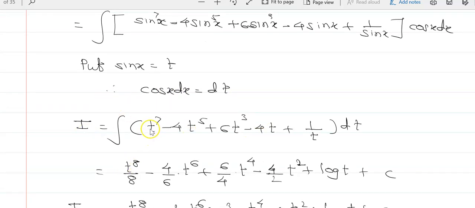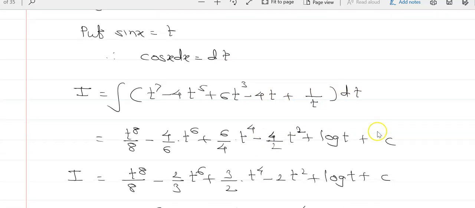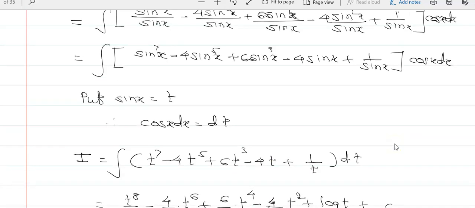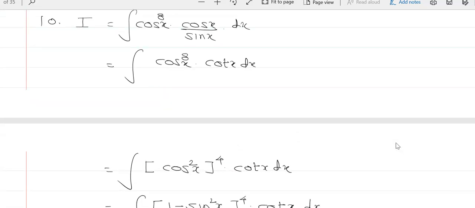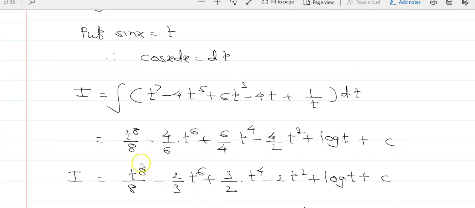I is equal to the integral of t raised to 7 minus 4t raised to 5 plus 6t raised to 3 minus 4t plus 1 upon t dt, and integrating: t raised to 8 upon 8 minus 4 upon 6 t raised to 6 plus 6 by 4 t raised to 4 minus 4 upon 2 t square plus log of t plus c. And here is the substitution.